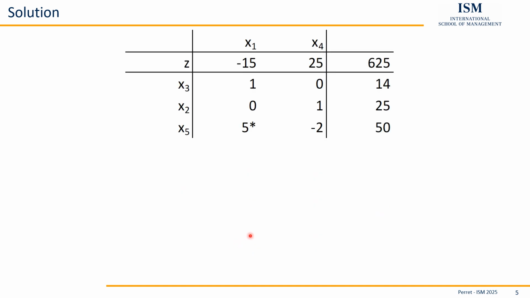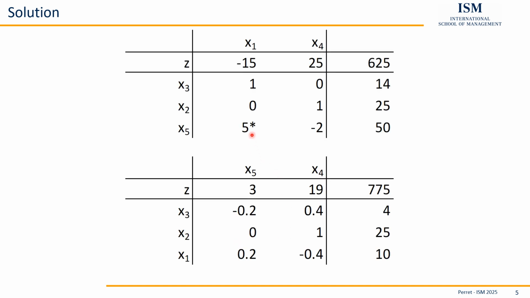So I have this original table, do my recalculation by first switching the variables in pivot row and column. Then for the pivot element, I go 1 divided by pivot element. Everything in pivot row is divided by the pivot element. So minus 2 divided by 5, 50 divided by 5. Everything in pivot column is divided by minus the pivot element, so by minus 5.